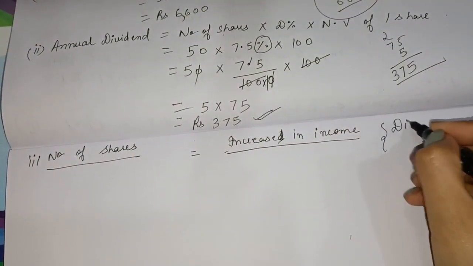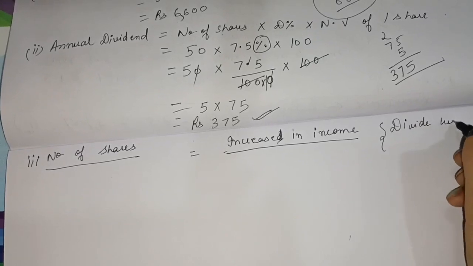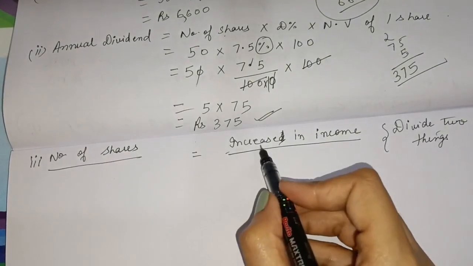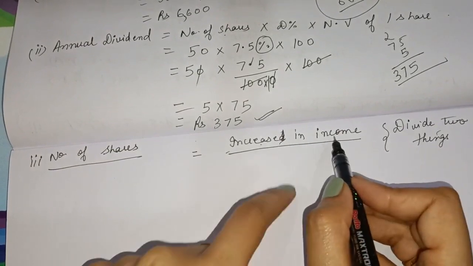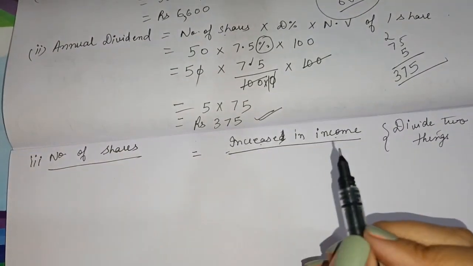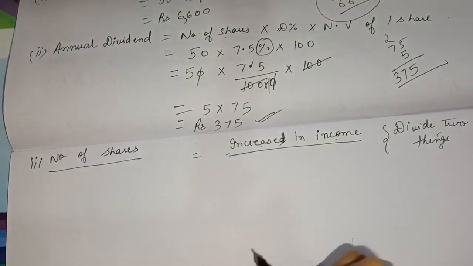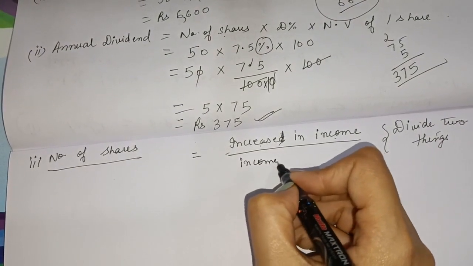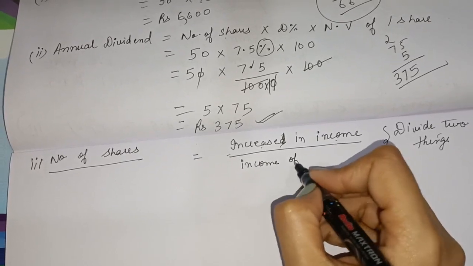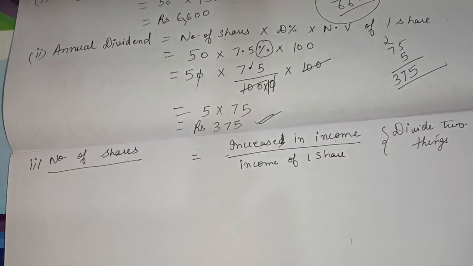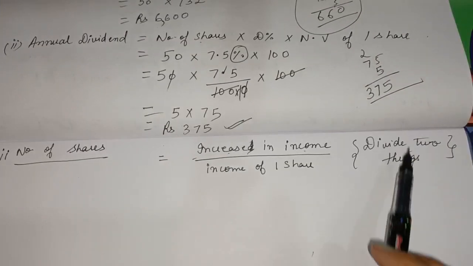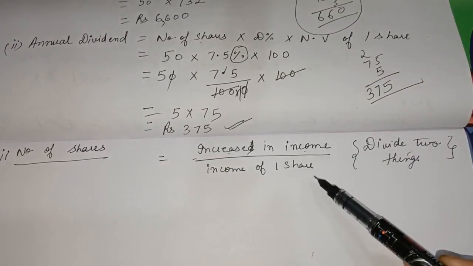What we have to do, we have to divide two things. And which two things we have to divide? So first of all you have to see what is given to us. Increase in income is given to us. So that means income only we will divide, but income of one share. So remember, whenever we have to find a number, we will divide two things, bigger thing divided by smaller.